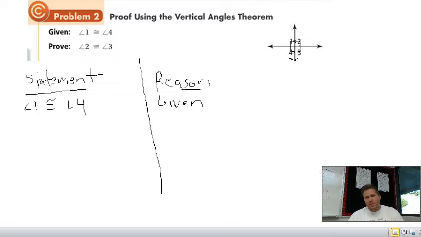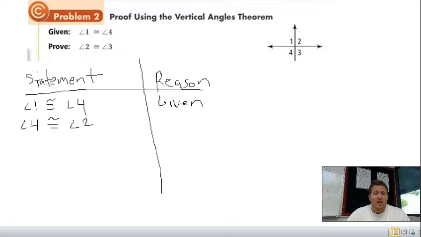Okay, so first thing we're going to do, we have angle 1 and angle 4 are congruent. Let's erase this right here. We know that angle 4 is congruent with angle 2.